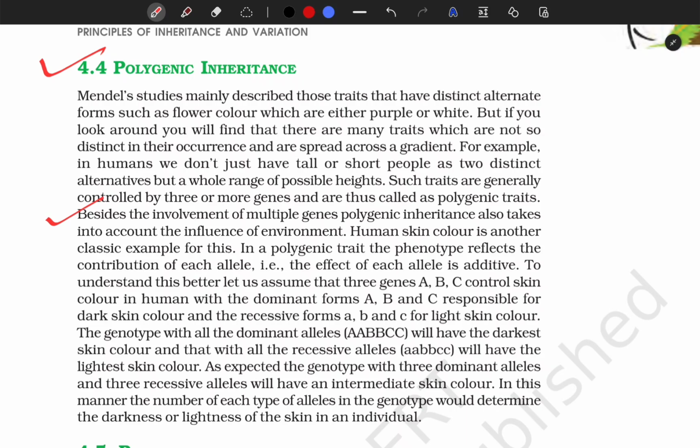In a polygenic trait, the phenotype reflects the contribution of each allele. That is, the effect of each allele is additive. To understand this better, let us assume that three genes, capital A, B, C, control skin color in humans, with the dominant forms capital A, B and C responsible for dark skin color and the recessive forms small a, b and c for light skin color.